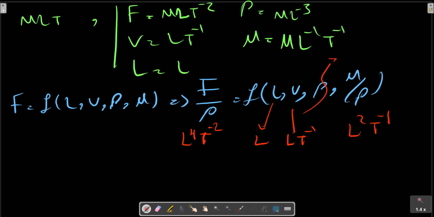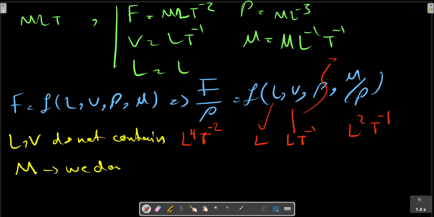We did not divide L or V, which do not contain M. Because L and V do not contain M, we don't divide them by rho.